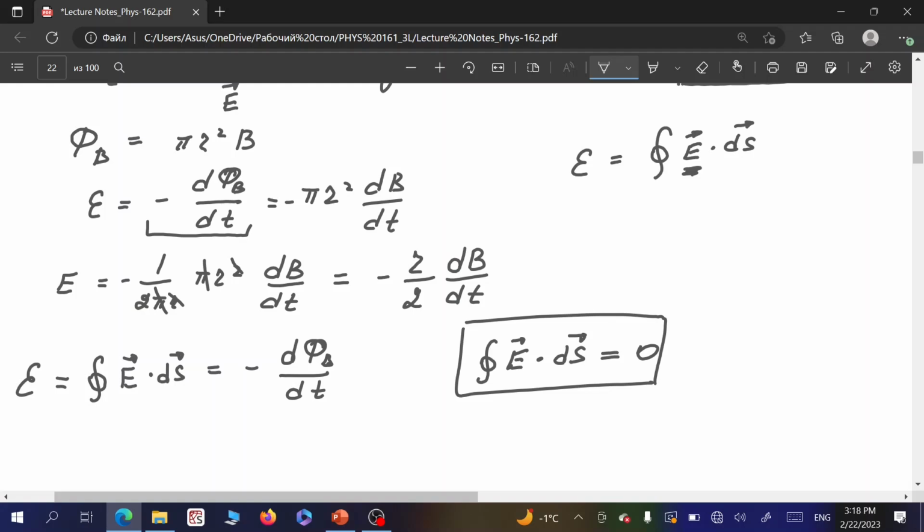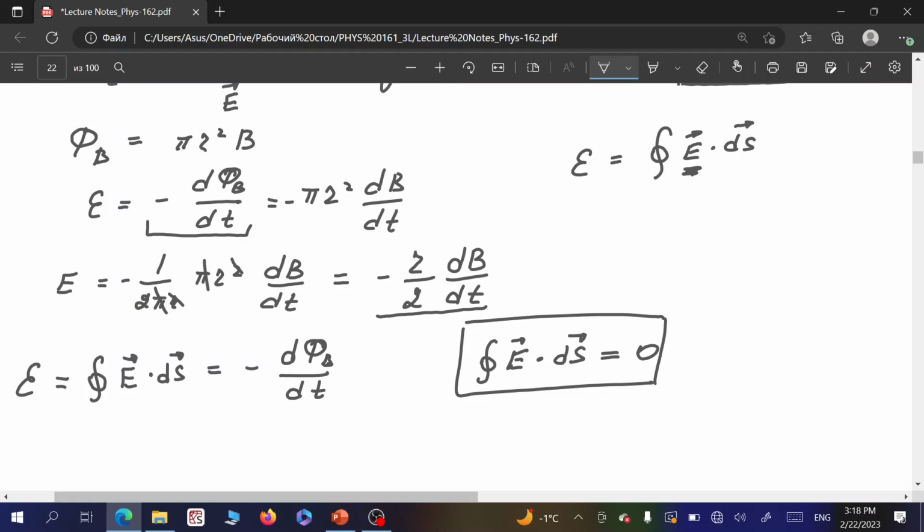The electrostatic field is created just by charges, however the induced field is created by a changing magnetic field. We have found the relationship given by this equation: the magnitude of the induced electric field is defined by the rate of change of the magnetic field.